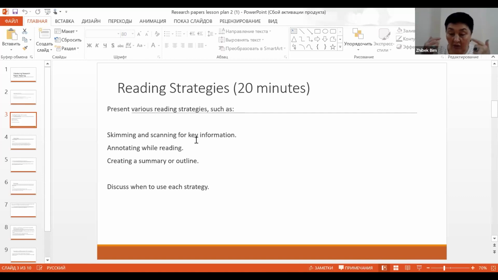When you read, you need to think, what is it about? What is happening? How to understand what is written. So, creating a summary or outline and discuss when to use each strategy.